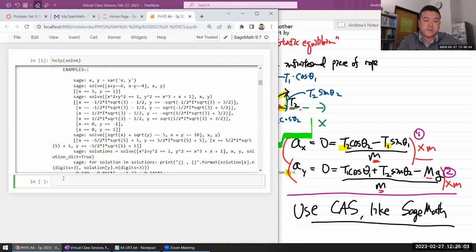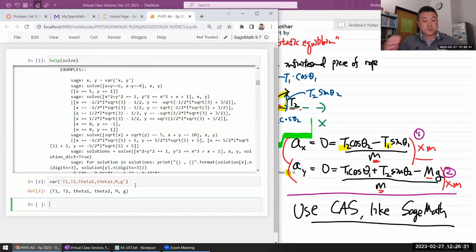So I need to define the variables I will be using. T1, T2, theta 1, theta 2, I don't need the small mass m. I'm going to write down the version of the equations where I've canceled them out. I do need the big mass M, and I do need the g. Okay, and in the documentation they have you assign these into those. I found that you don't need to. Just this declaration defines those variables, and they are ready for use.